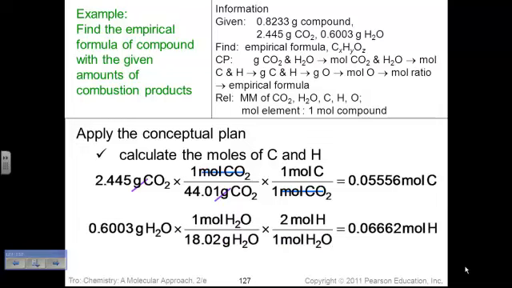Same journey, but now for hydrogen, starting with what we were given, the mass of the water.